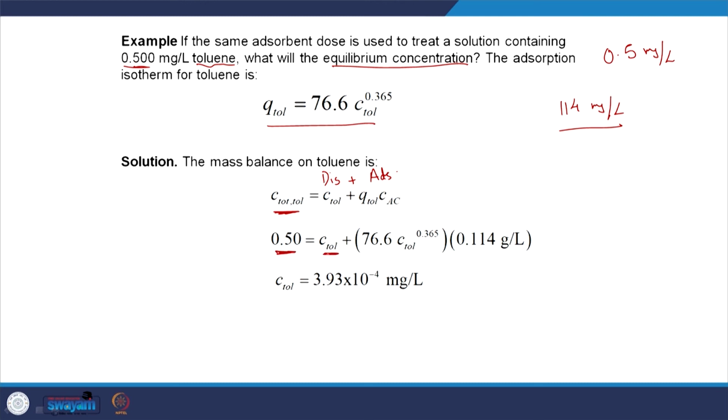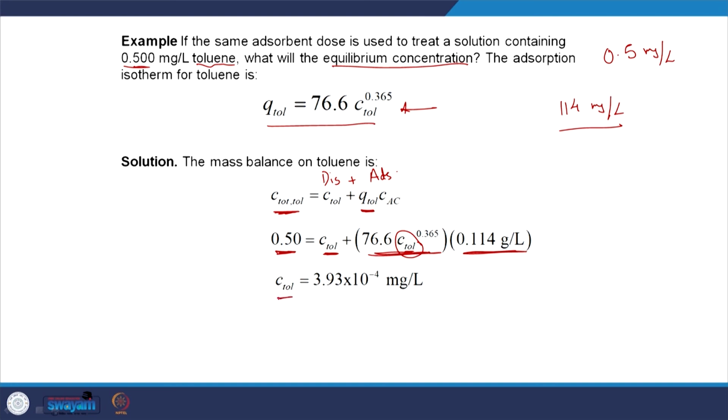I want to know what is the concentration at equilibrium, right, and I also know Q already. Q is given out here, and you know that the concentration of toluene adsorbed onto the activated carbon is going to be dependent upon the concentration of toluene which is in equilibrium in the solution. And you know the concentration of activated carbon, it is 114 milligram per liter.